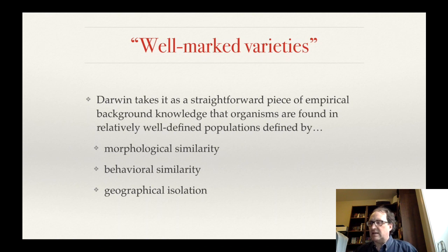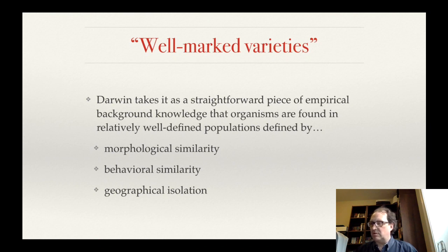And he does take it, as we all should, as a basic piece of background knowledge that plants and animals, as we find them in the world, exist in relatively well-defined populations.